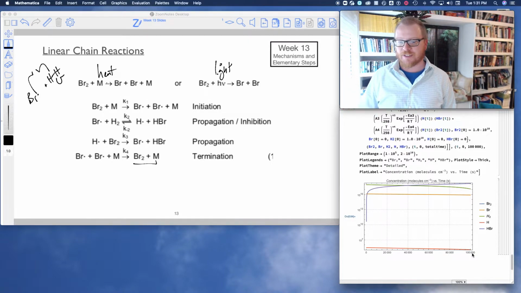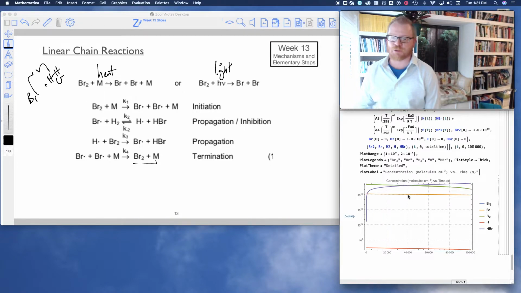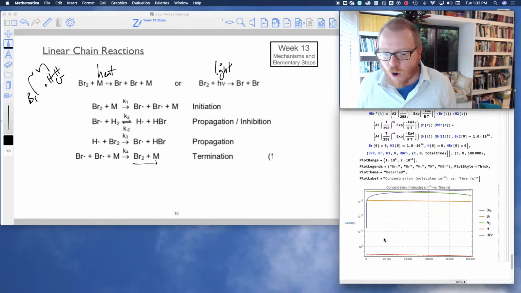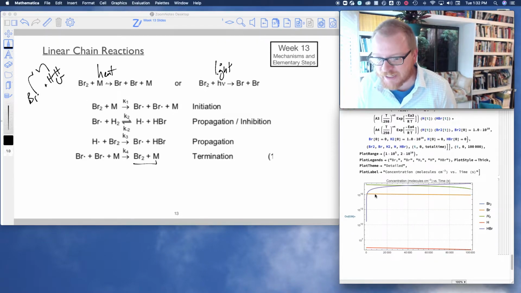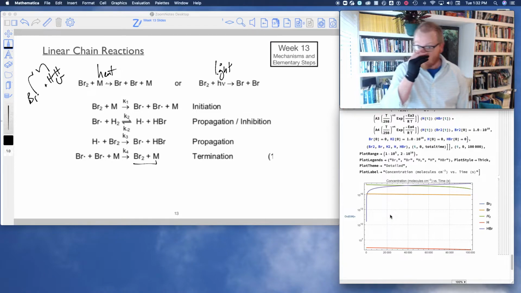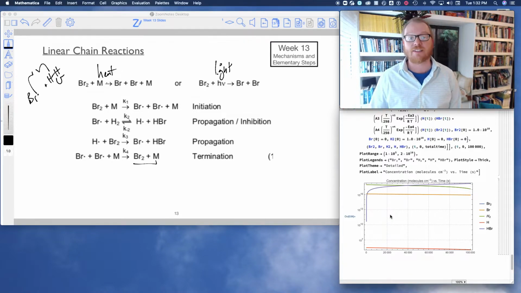The other thing you notice is bromine and hydrogen are produced at steady state throughout the entire reaction. Look at this. Almost instantaneously, bromine radicals are generated at a really large concentration, which is really cool. So that photolysis step is really fast. It's generating bromine radicals immediately, but at a steady state.